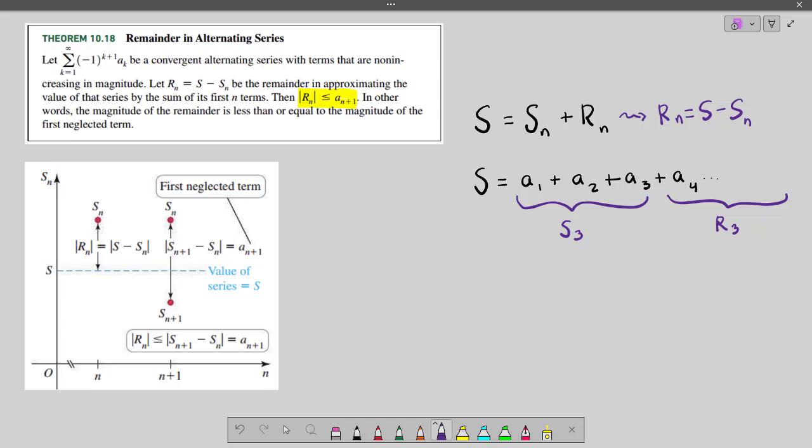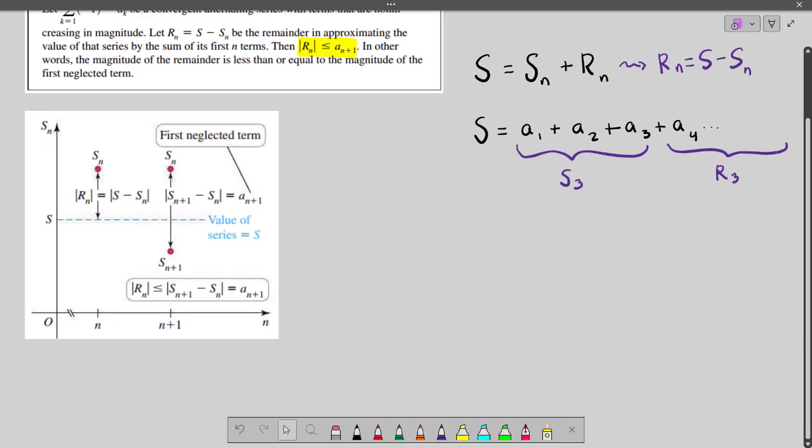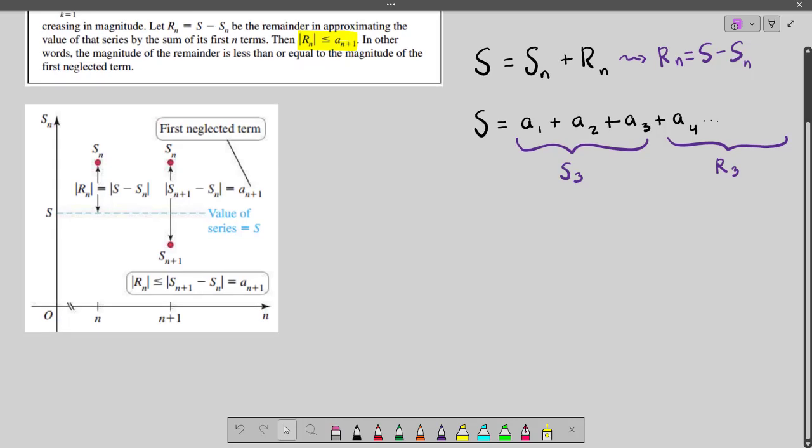All right. Now, the key with the alternating series is understanding this picture. So first off, notice that we have S right here. So S is this horizontal asymptote, if you will. It is the sum of the series.